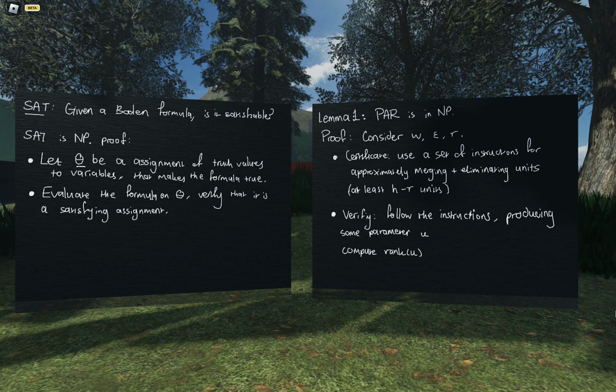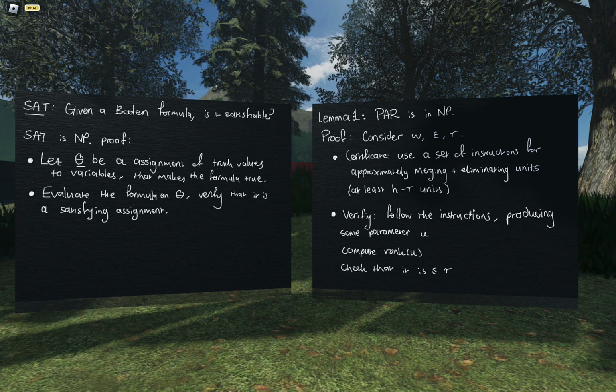We discussed an algorithm for that last time that ran in polynomial time. Several algorithms, actually, I think we discussed over the course of the last 2 sessions that would allow you to do this in polynomial time. And so then you just have to check that it is less than or equal to r.